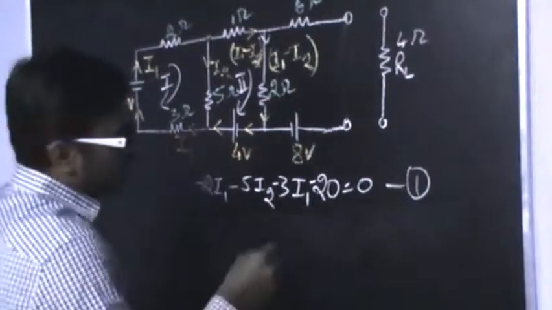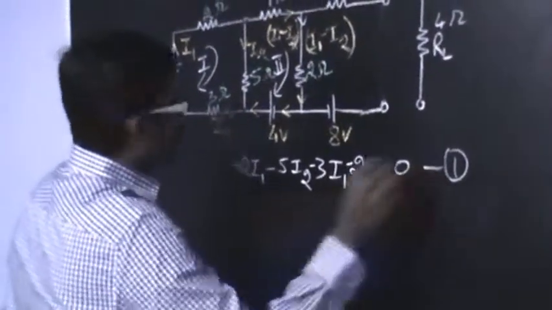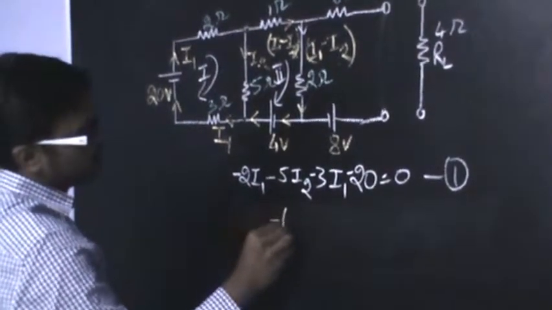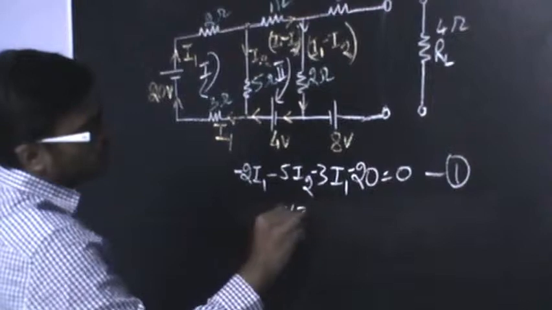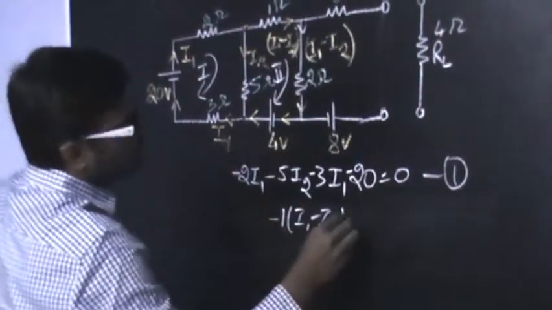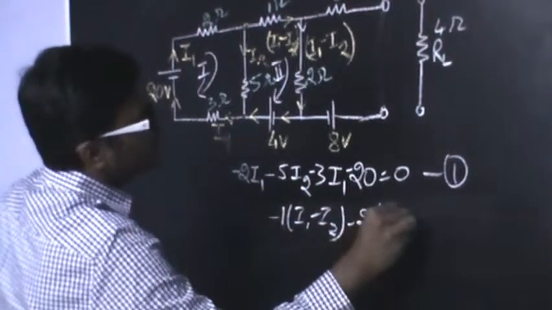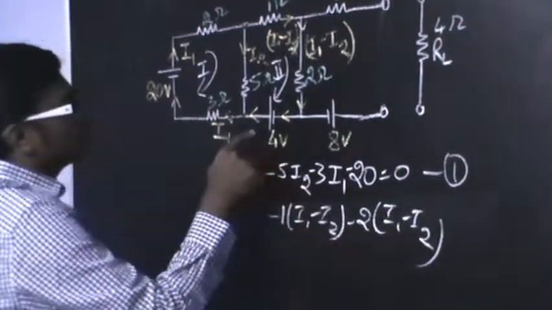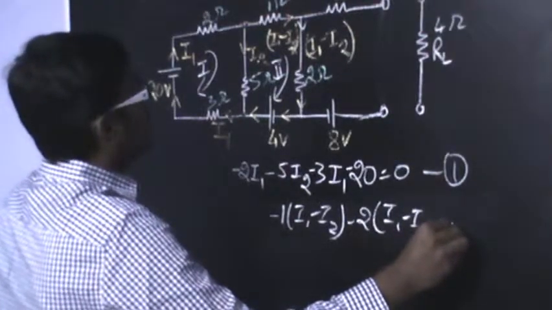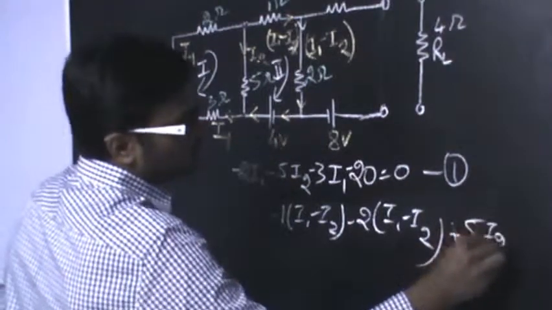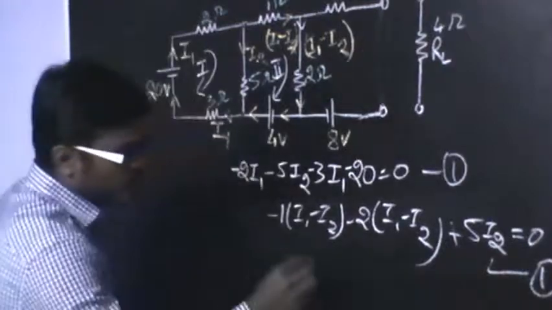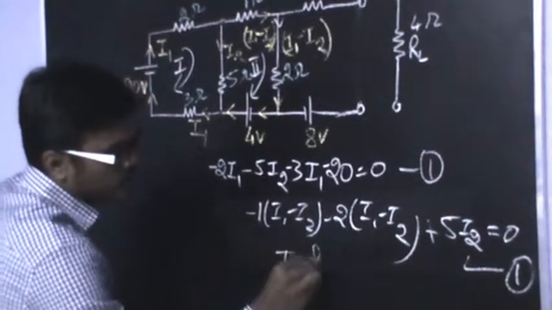This is the first equation, and if I solve the other loop, I will be getting minus 1 into I1 minus I2, then coming down, minus 2 into I1 minus I2, and here it goes in the opposite direction, so plus 5I2 equals 0. If I solve these two equations, I will be getting the values of I1 and I2.